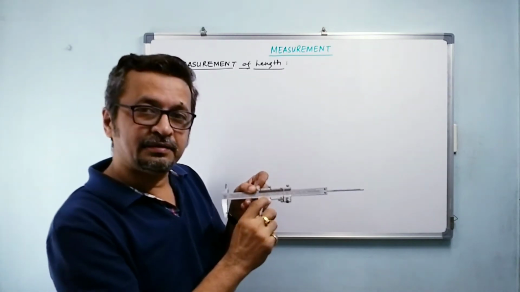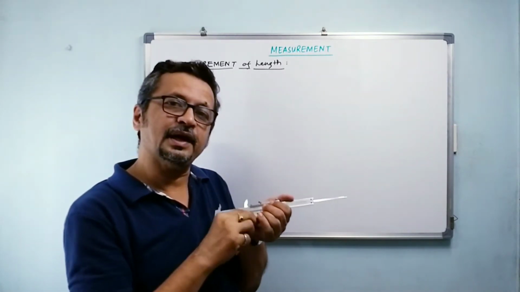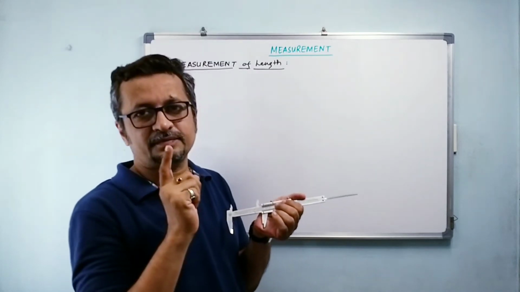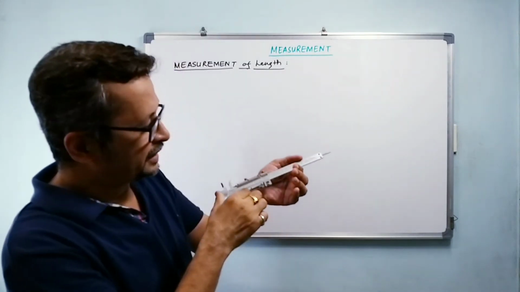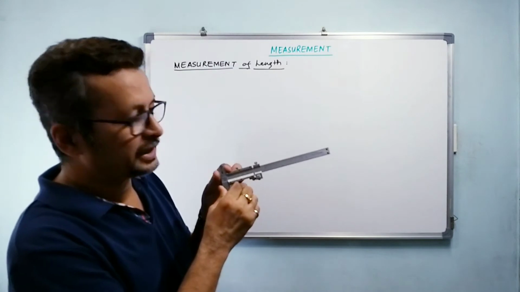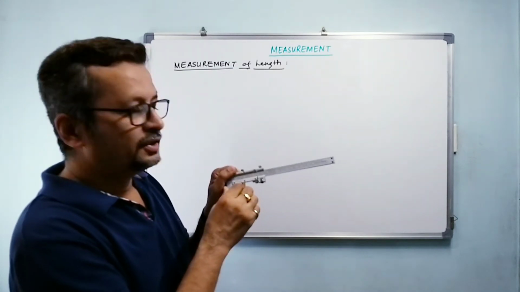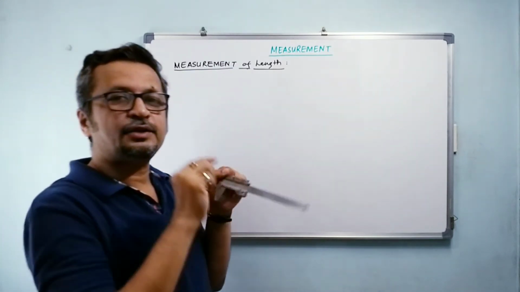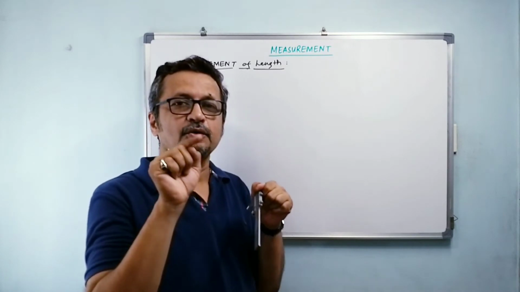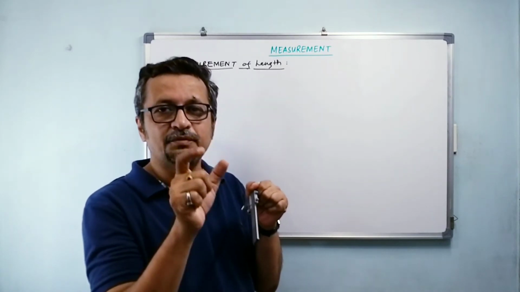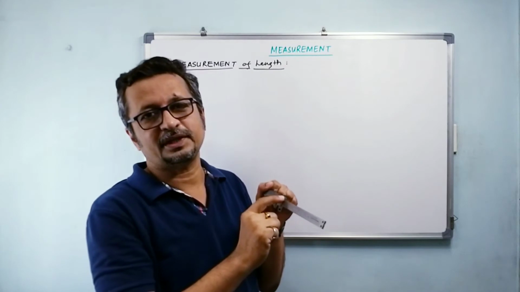And now, what is so special? This vernier scale may have 10 divisions, okay. And when I completely close this, you would be able to see that those 10 divisions coincide, they match with 9 divisions on the main scale.